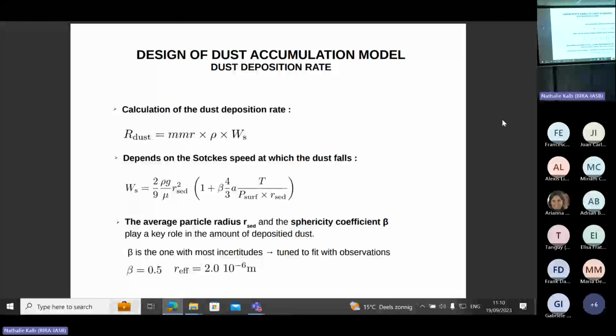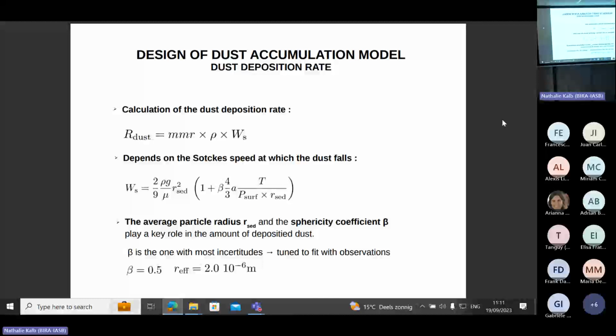We have some measurements about this radius, and near the surface, we choose to put the effective radius of dust particles in the atmosphere to 2 micrometers.